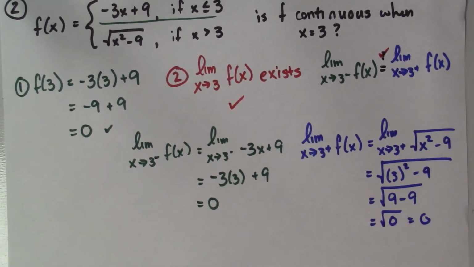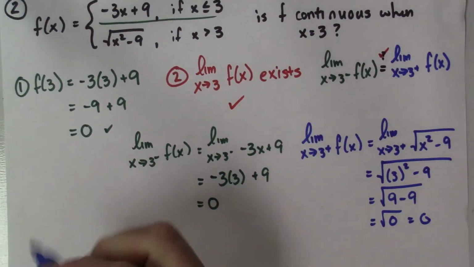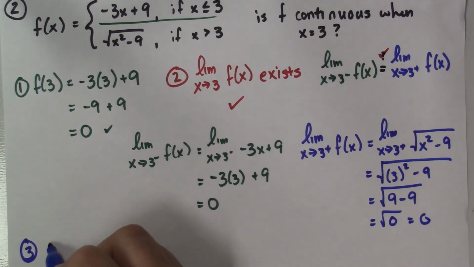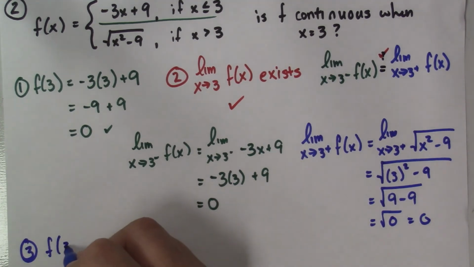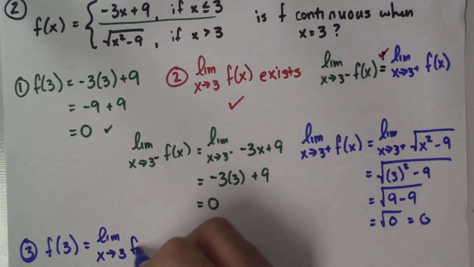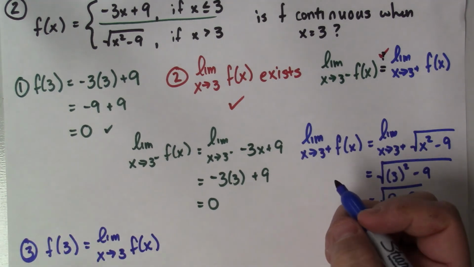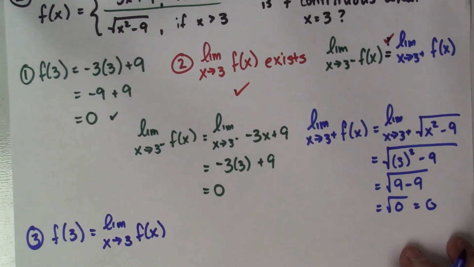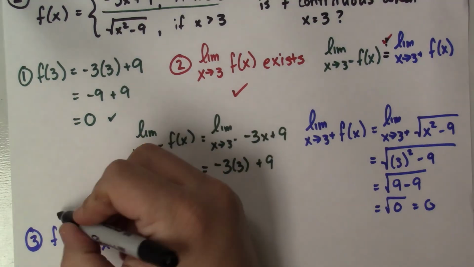Our last condition, condition 3, is that f of 3 and the limit as x goes to 3 of f of x must be the same. Well, we just saw a moment ago that this is 0.